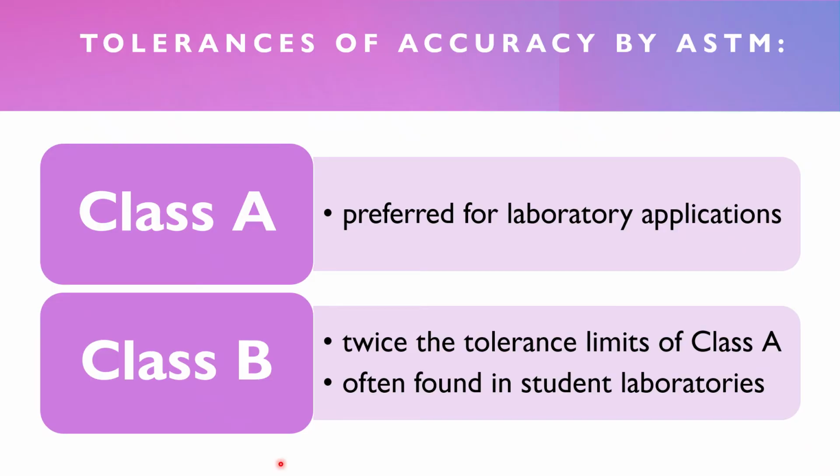Those that satisfy the Class A ASTM precision criteria are stamped with the letter A. So with the letter A on the glassware, and are preferred for laboratory applications. While Class B glassware generally have twice the tolerance limits of Class A, even if they appear identical, and are often found in student laboratories where durability is needed.